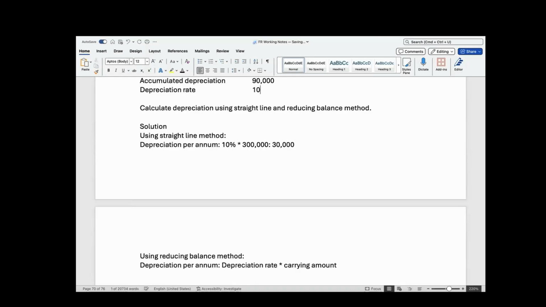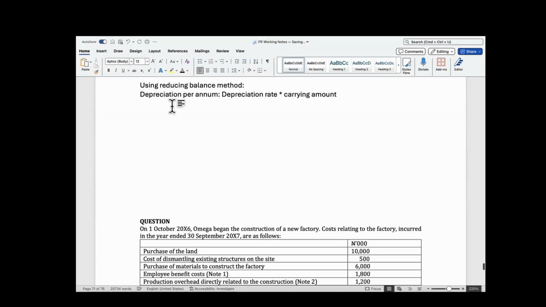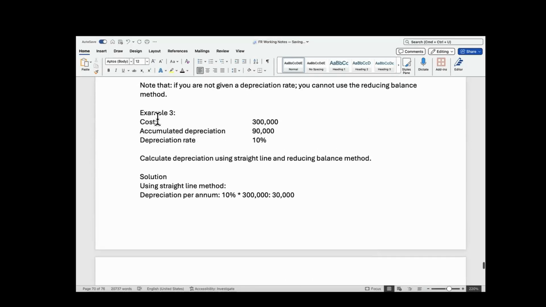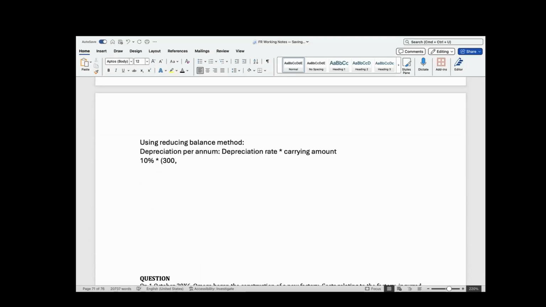So 10%, what's my carrying amount? It is cost minus accumulated depreciation, which is 300,000 minus 90,000, and I have 21,000.